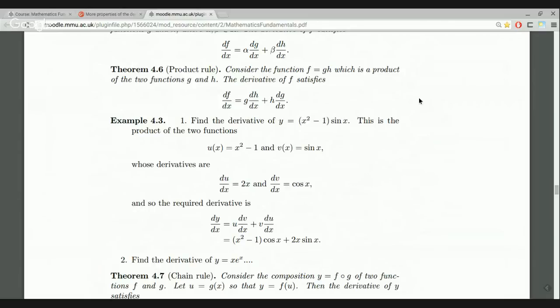So we're going to see the proof of the quotient rule, but we're going to use now this trick here of rewriting the original quotient as a combination of a product and composition.